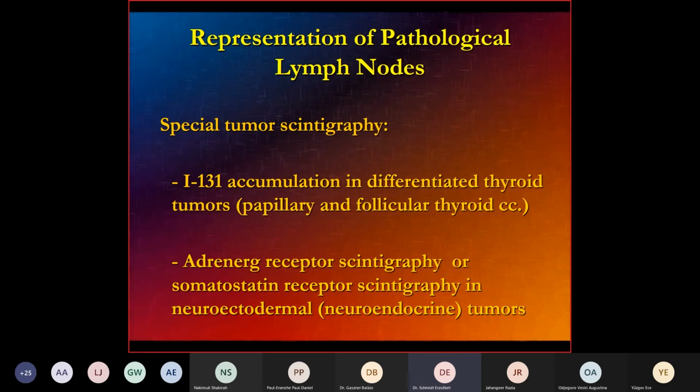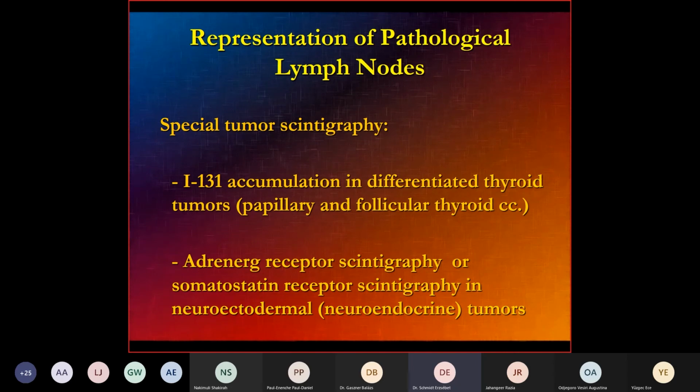For presentation of pathological lymph nodes, special techniques are available. For example, 131 iodide accumulates in differentiated thyroid tumors, in papillary and follicular thyroid carcinomas, and not only in primary tumors, but in metastasis too.